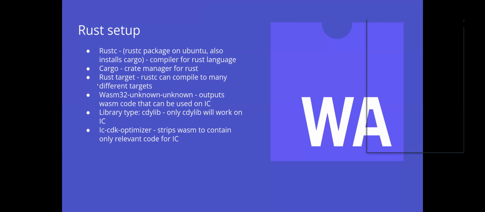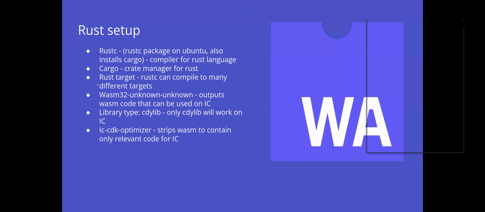Let's resume. So the Rust compiler has a possibility to compile your code to different targets. I think the best way to describe targets is like completely different types of computers. So we have PC computers, which would be one type of target.